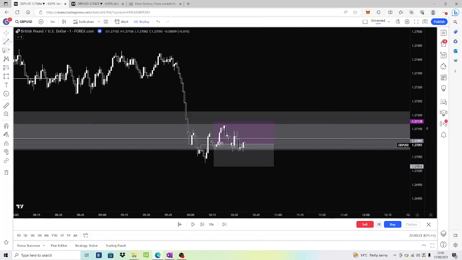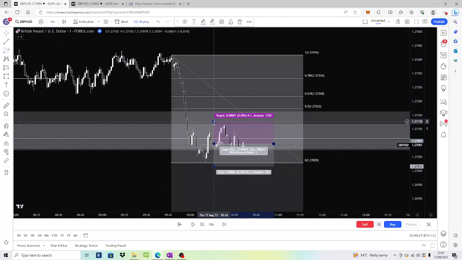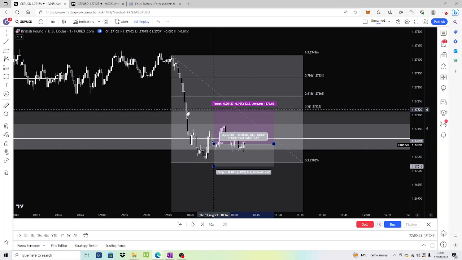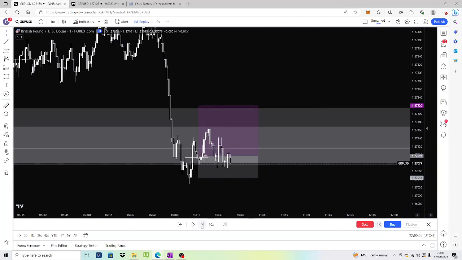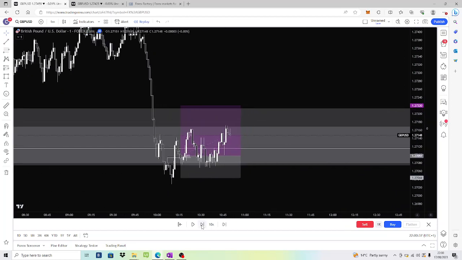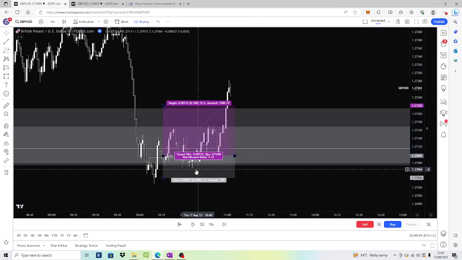You could just target discount, because there's a lot of imbalances. Just literally target discount. Put your stop at that low. Yeah, and it hits entry at what time? 10:17. You're getting a bit of drawdown before it hits at 11.